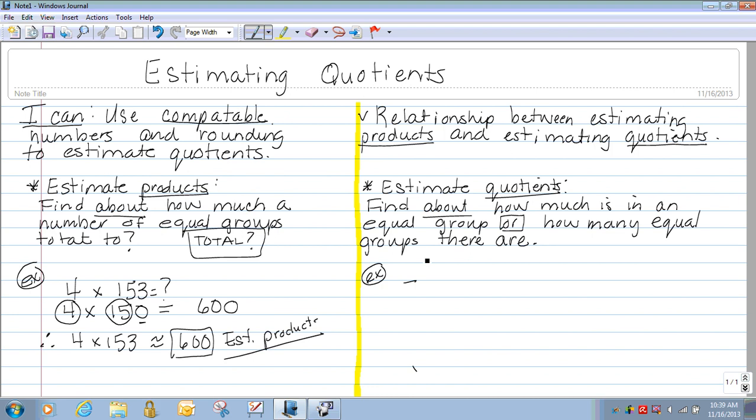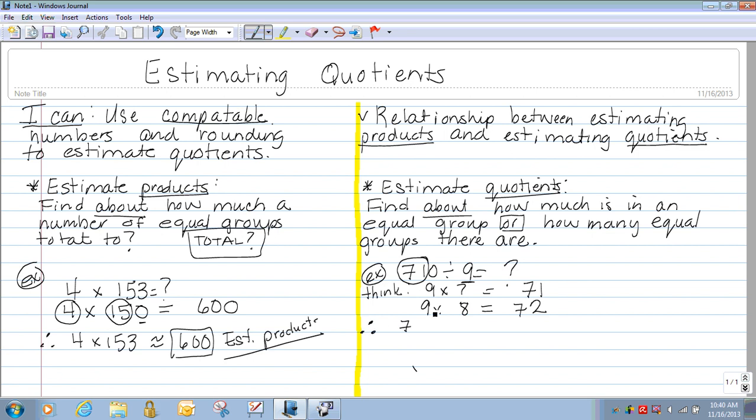If I want to estimate a quotient, let's try this problem. If I have 710 divided by 9, and I want to find a quotient, we need to think: 9 times what number is close to 71, because we want to use the fact that we know. Well, I know that 9 times 8 equals 72.